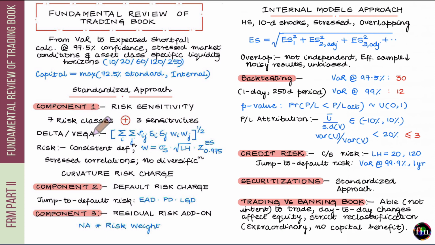For delta and vega, the risk charge is computed using a formula which is very similar to the formula which we use for determining the volatility of, let's say, a basket of stocks. A few changes required. The weights or allocations in the basket volatility formula get replaced by the appropriate risk sensitivity. For delta charge, you will use delta here. For vega charge, you will use the vegas here.